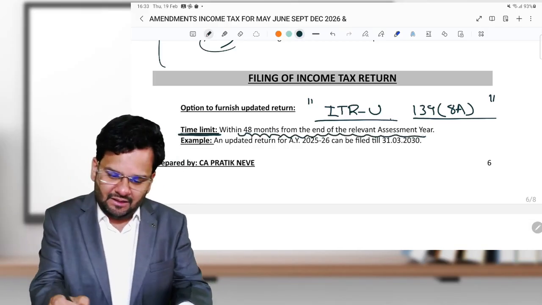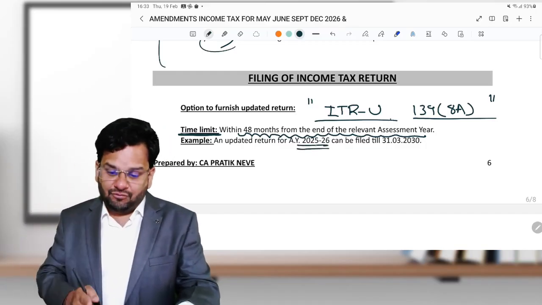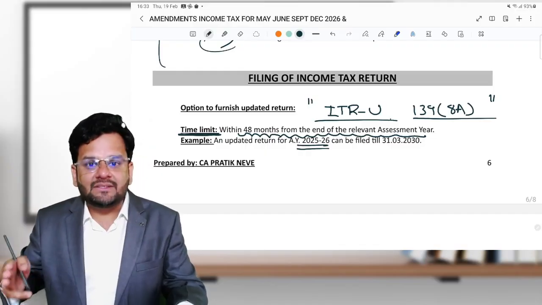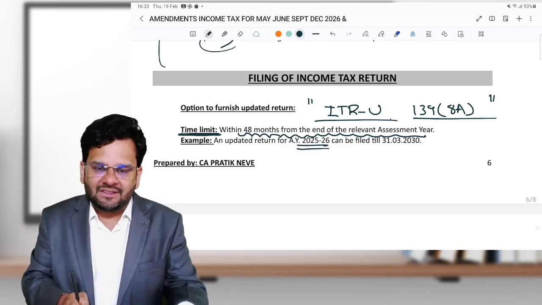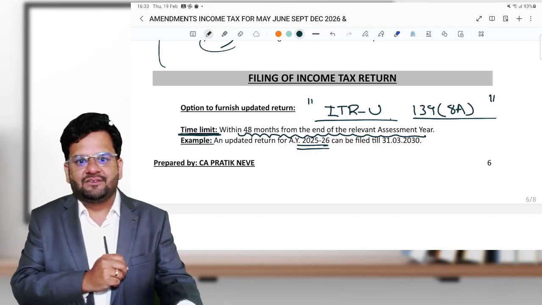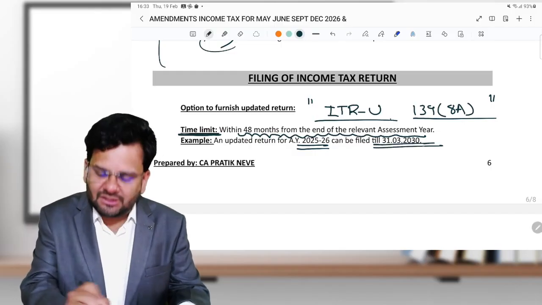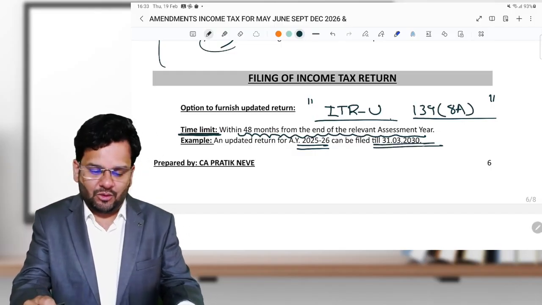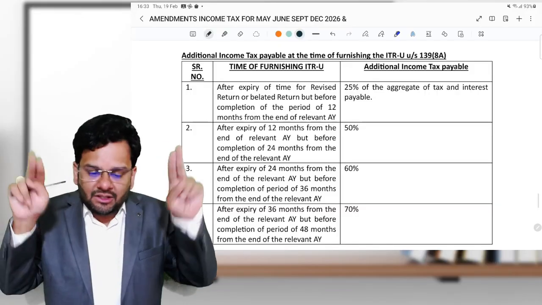For example, for AY 25-26, after the end of the AY 25-26, meaning 31st March 2026, from that calculate 48 months. So you can file it up to 31st March 2030.